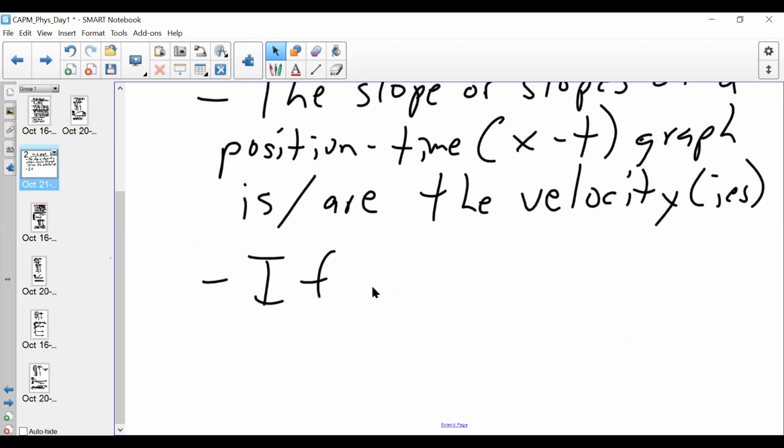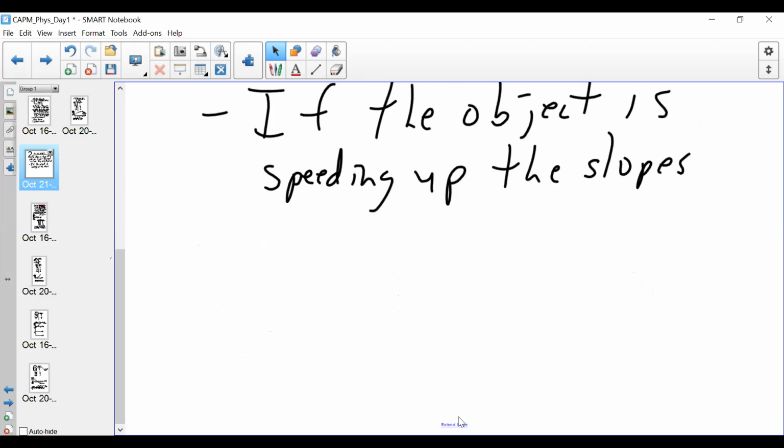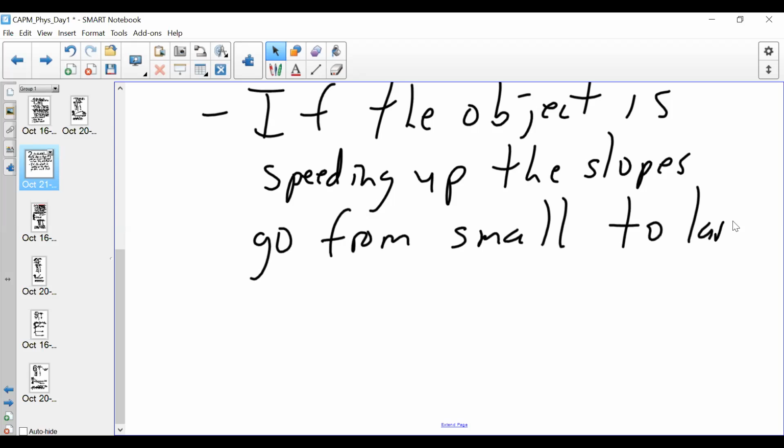If the object is speeding up, as we see in the left graph, the slopes go from small to large.